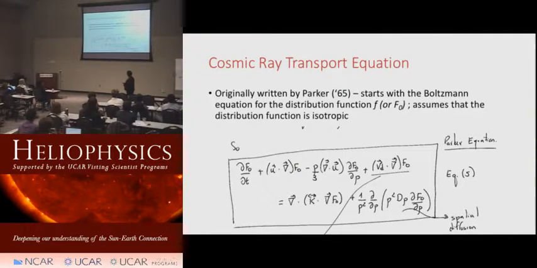But you can start with the Boltzmann equation. This is an equation that describes how a distribution function, here I'm using a capital F or lowercase f, I'm going to interchange, but it's a distribution function of particles, evolves in time and in space, okay? Just to put you in context again, what we said in the morning was MHD, fluid scale, not kinetic scale, not treating the particles as a distribution function, but as a fluid.